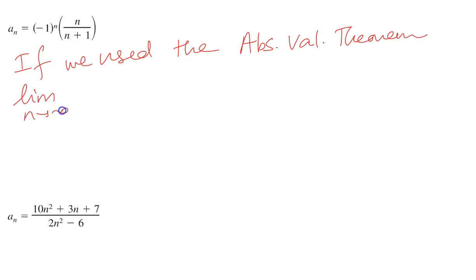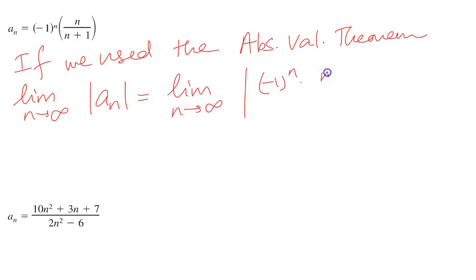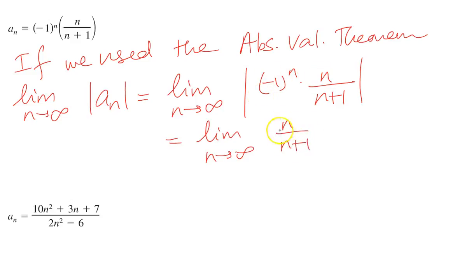Limit as n goes to infinity of the absolute value of a_n is limit as n goes to infinity of negative 1 to the n over n plus 1. Now, when you absolute value, all the terms become positive, so negative 1 to the power n disappears. This turns into this. They both have the same powers. That limit is going to be 1.